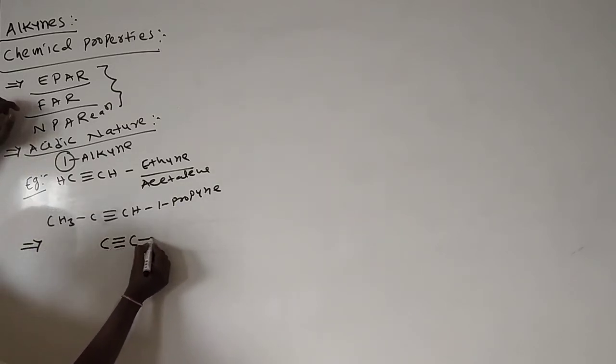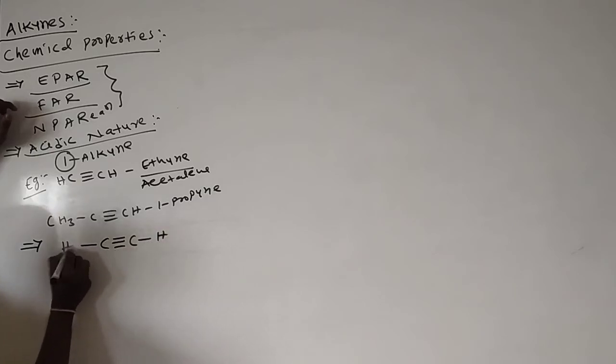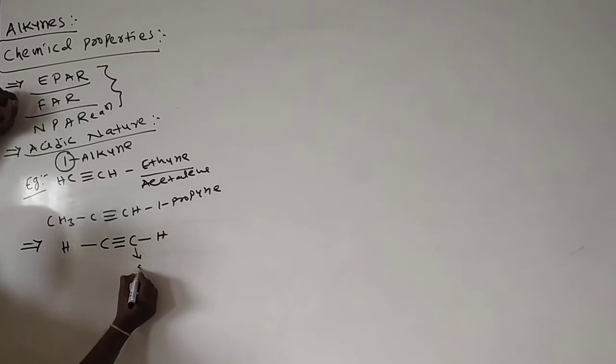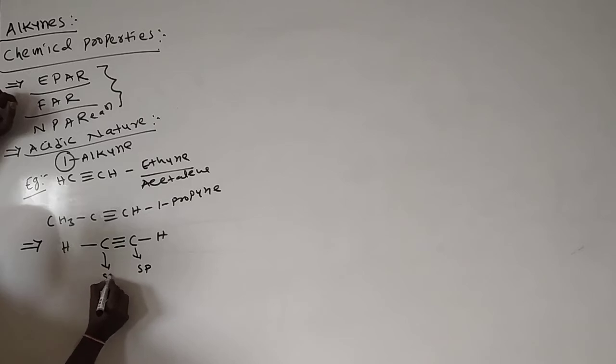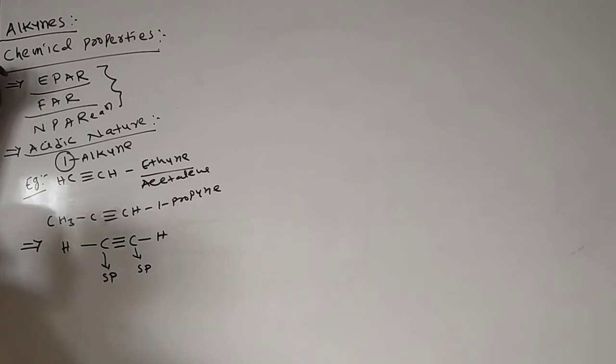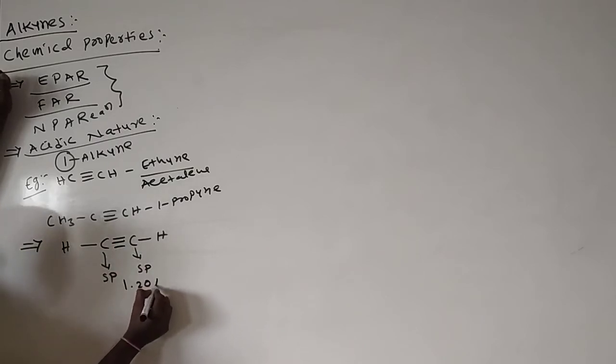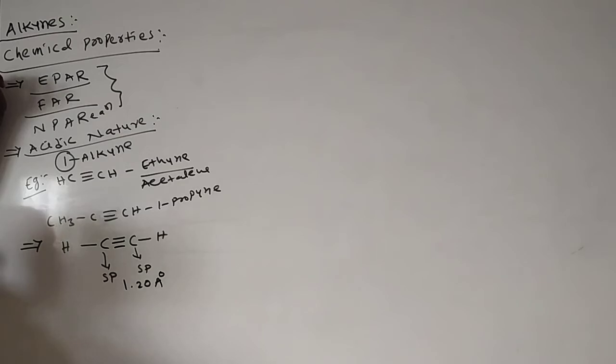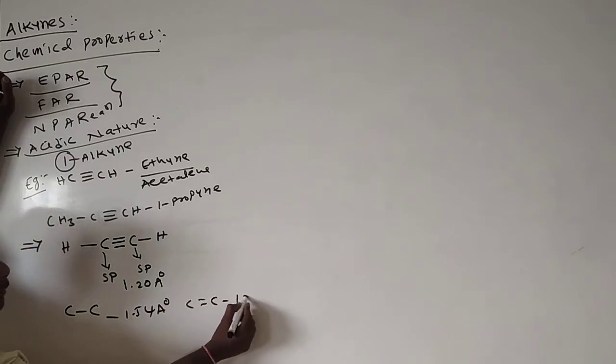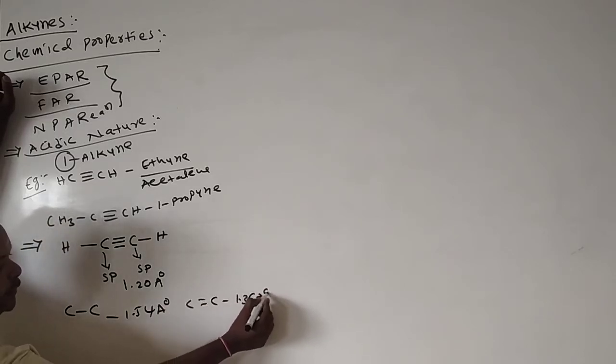Carbon triple bond carbon. Here this is the sp hybridized carbon. Here the carbon-carbon triple bond length is 1.20 angstroms only. In a carbon single bond it is 1.54 angstroms, in a carbon double bond 1.36 angstroms.